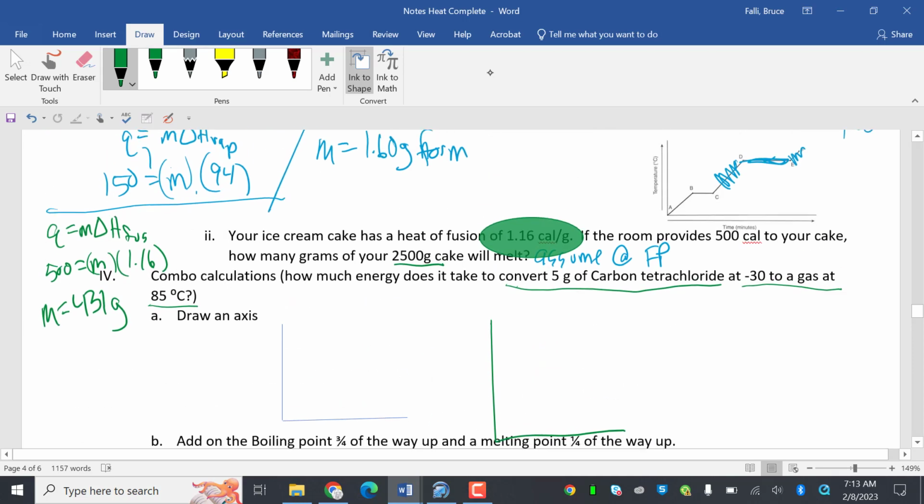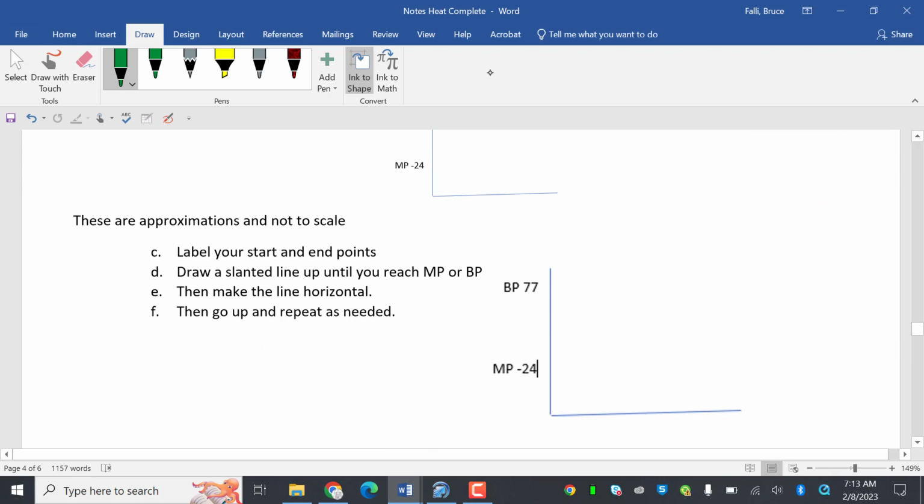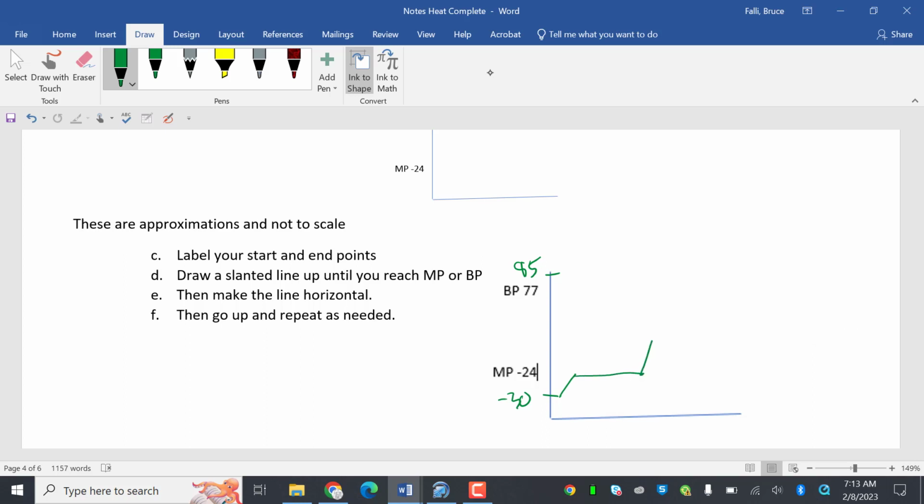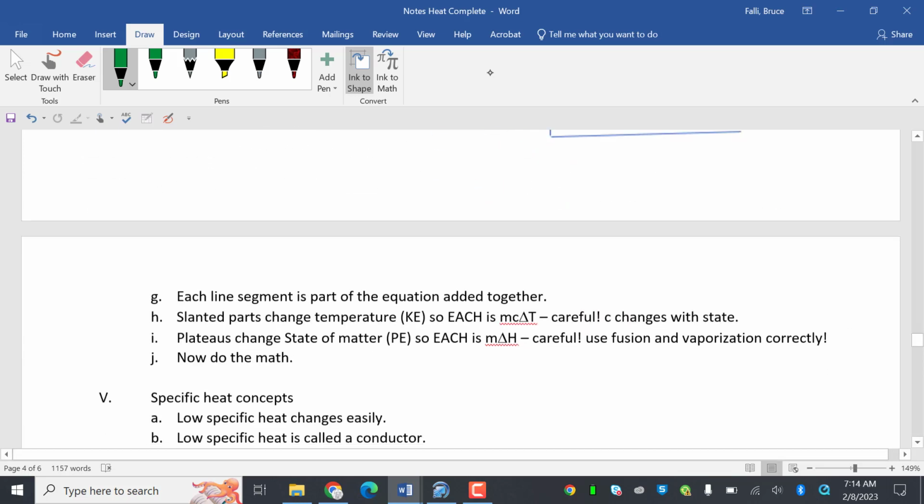We're starting at minus 30, which is lower, and we're ending at 85. Draw a slanted line up until you reach melting point or boiling point. Make it horizontal. Slanted line up, horizontal. There you go.